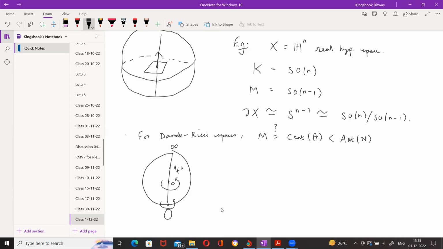Well, I don't know anything. It's a compact group, which is a subgroup of SO(n-1). That's about all I think one can say. That's all I know, at least. Maybe the experts know more.